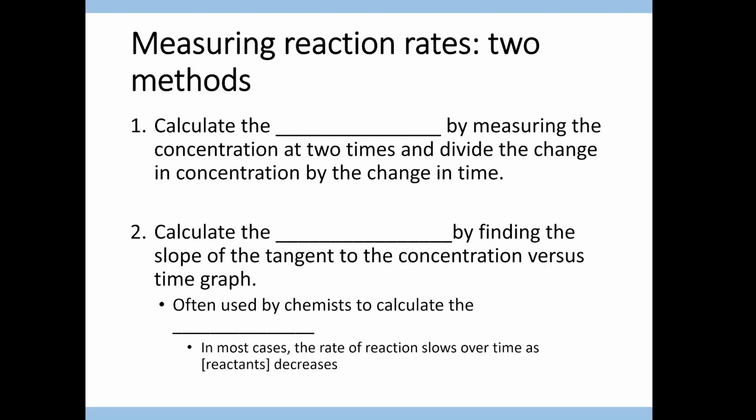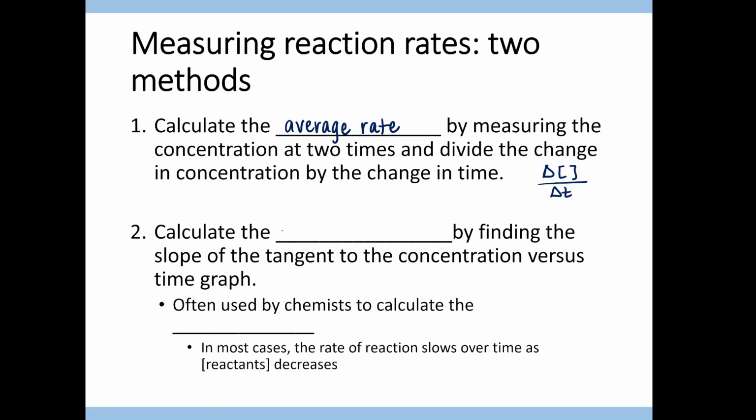for different reactions. So you could calculate the average rate by measuring the concentration of a reactant or product at two times and then divide the change in concentration by the change in time. So you get change in concentration divided by change in time. So that's possible.